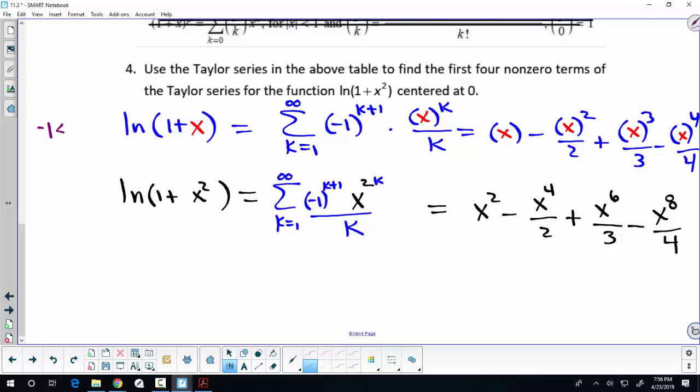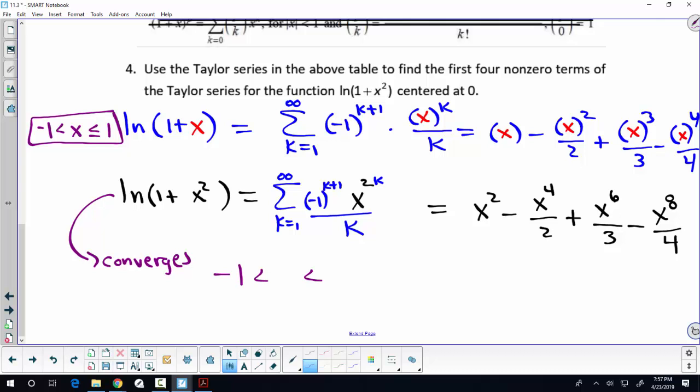Let's think about that, because I think the square is going to affect this actually. So that's our interval of convergence for this here, and this converges for x squared between negative 1 and 1, including 1.